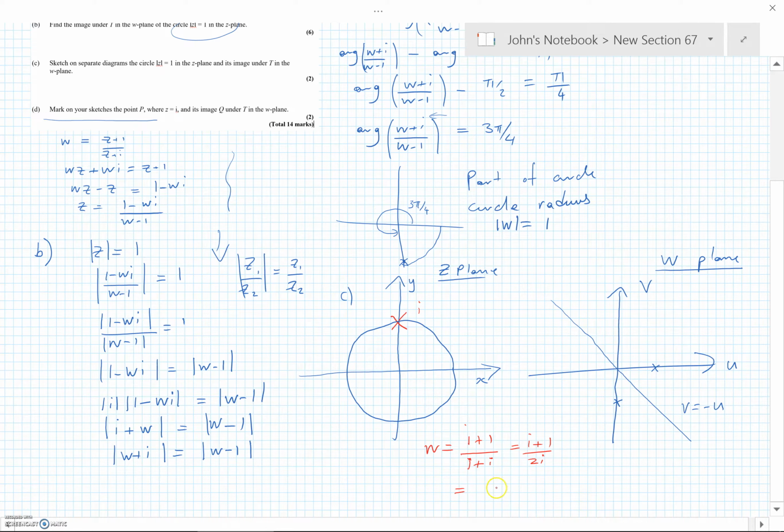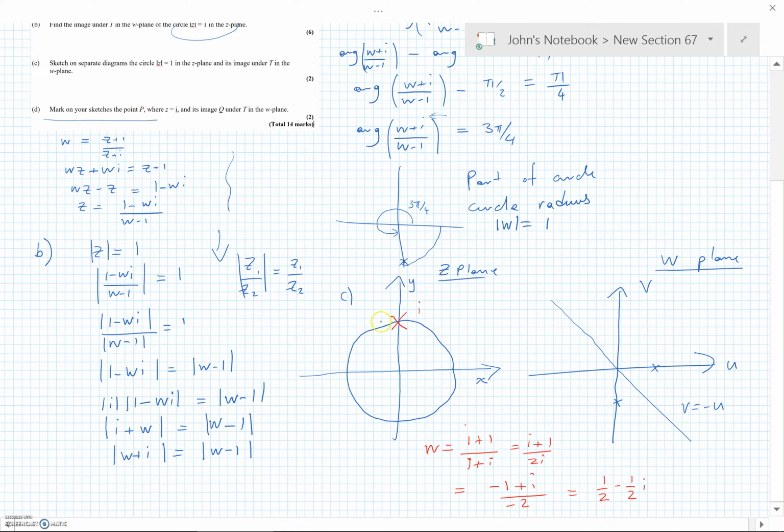So we end up with minus 1 plus i over minus 2. So that gives us half, and then plus half, and minus 1 over 2i. So that point there, let's mark it.